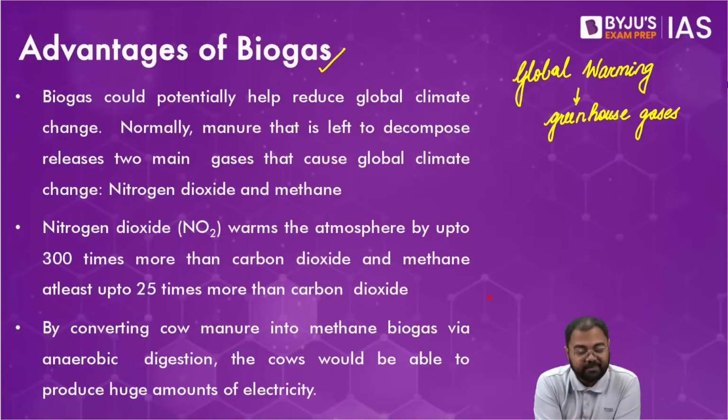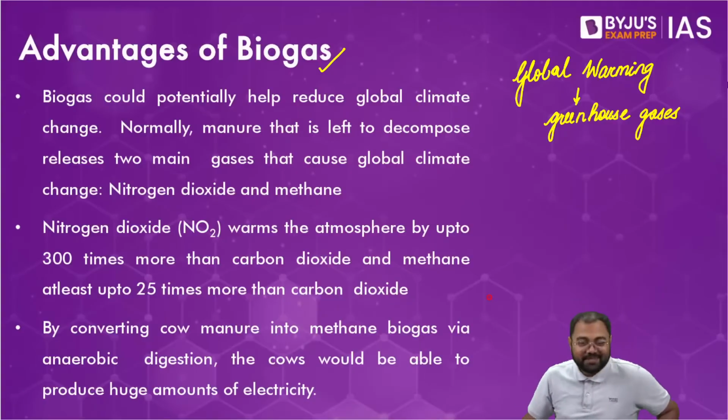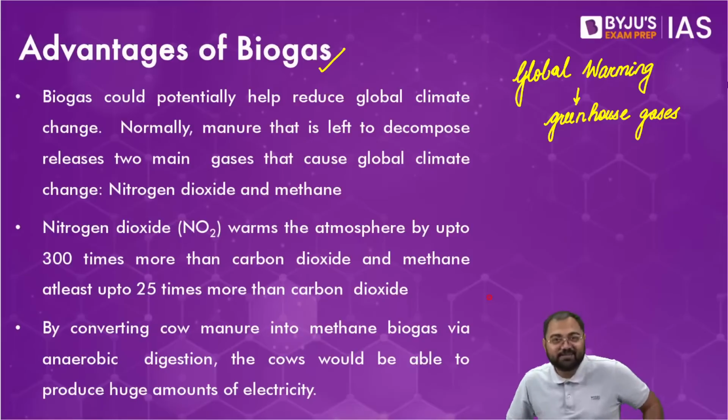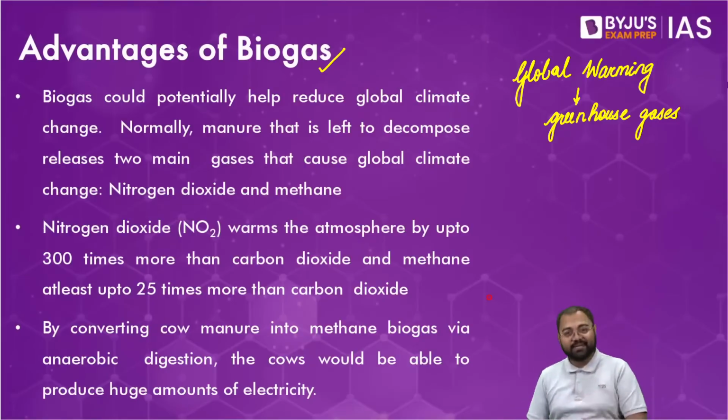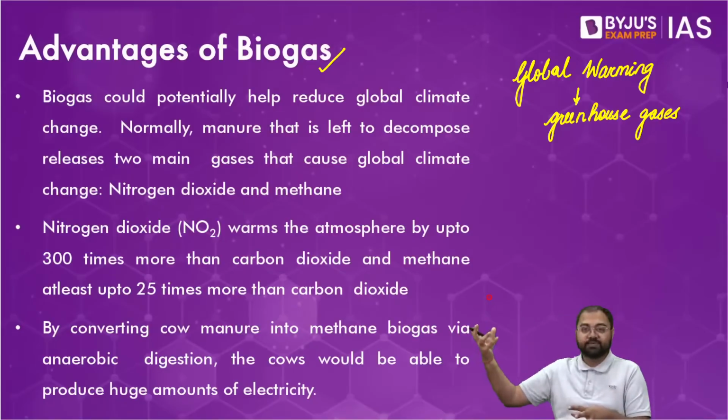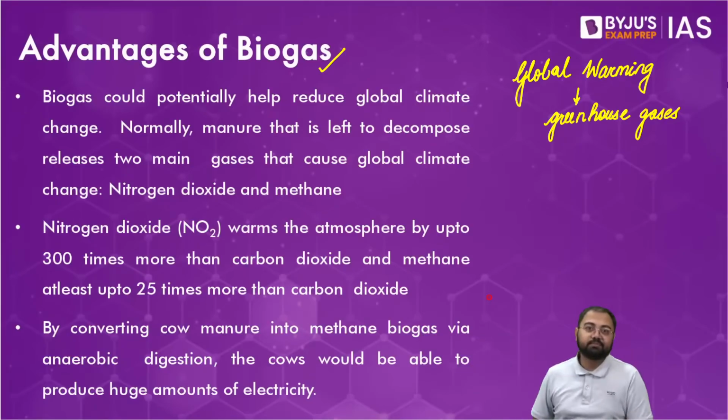So, if the same cow dung, instead of me just looking at it decompose, I collect it and take it to a biogas plant and let it decompose there, then this methane will not be released into the atmosphere, but rather this methane will be trapped as biogas, right? It will be used as biogas. This is where production will happen from. So in a manner, we'll be able to reduce our emission of methane if biogas production can happen efficiently.